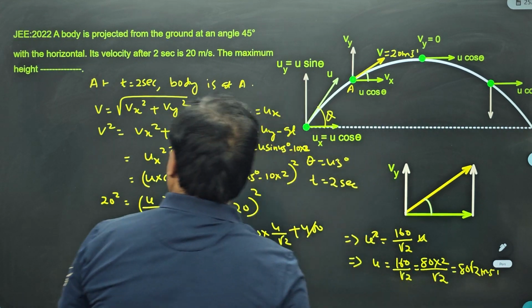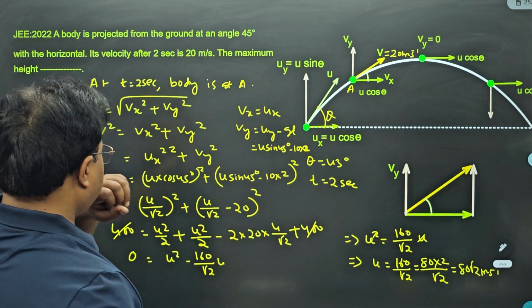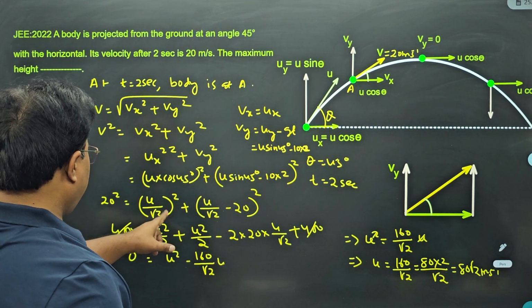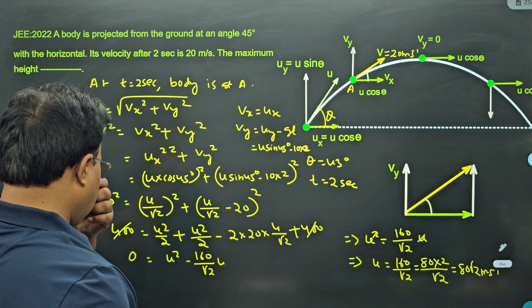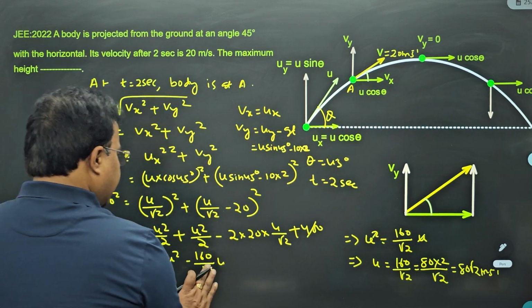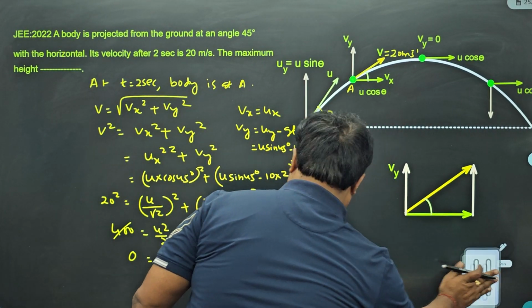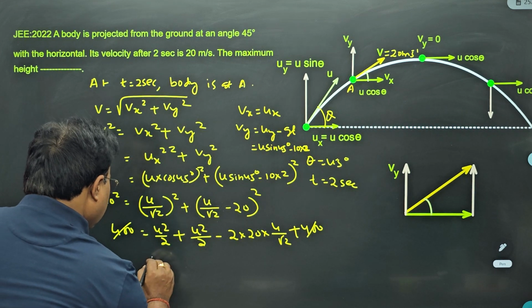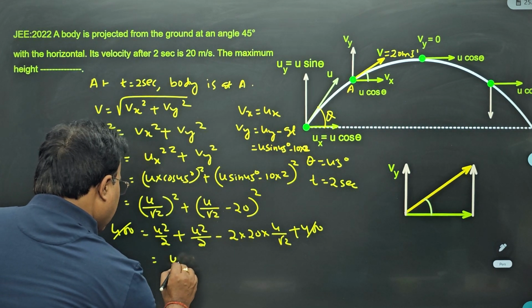Let me check. Have I done any mistake anywhere? No, sorry. Here I have done a mistake. Sorry, my dear students. What mistake have I done? I am showing you. U square by 2 plus U square by 2 is equal to U square.